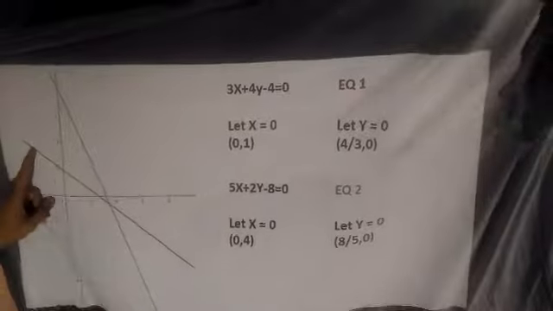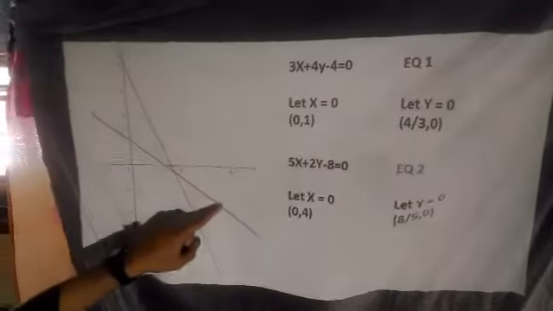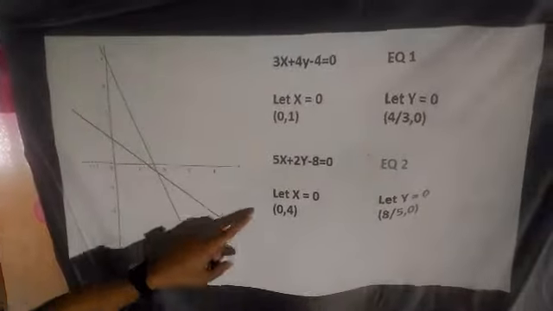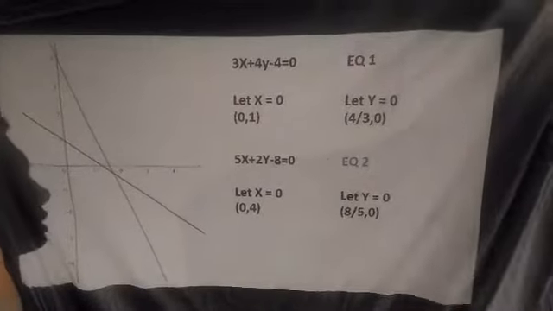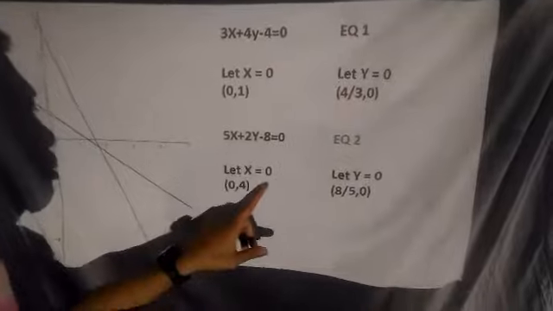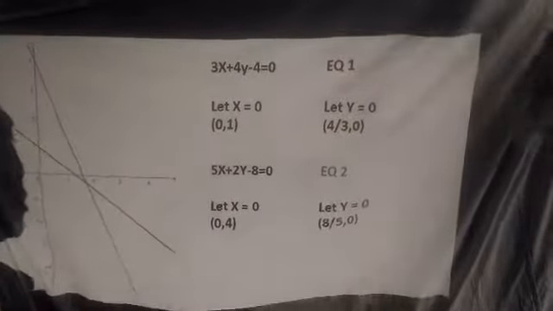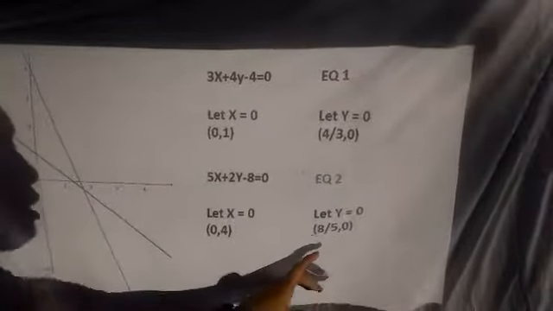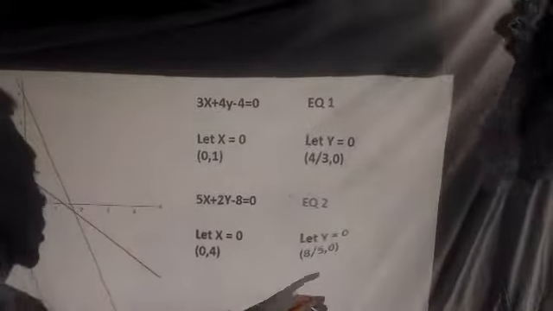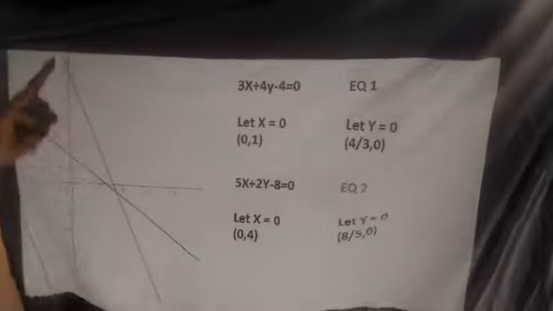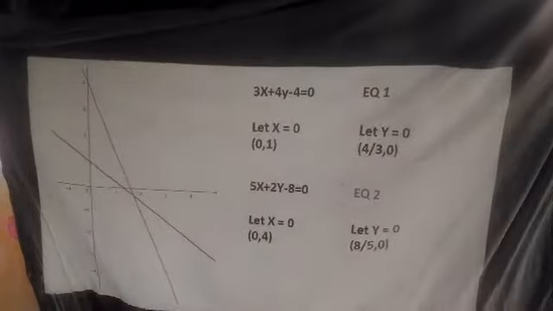So this is the line of equation 1, the red one. Then equation 2, 5x plus 2y minus 8 equals 0. Let x equal 0, so you get your y, which is 4. Then let y equal 0, and you have x equals 8 over 5. And this is the graph of equation 2, the blue one.